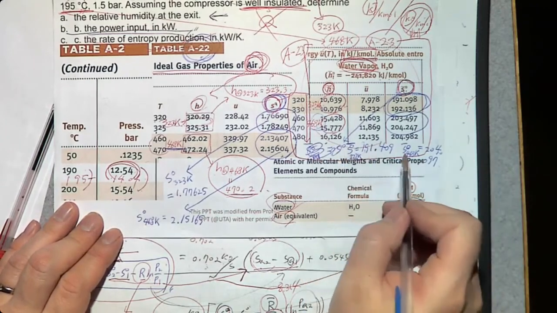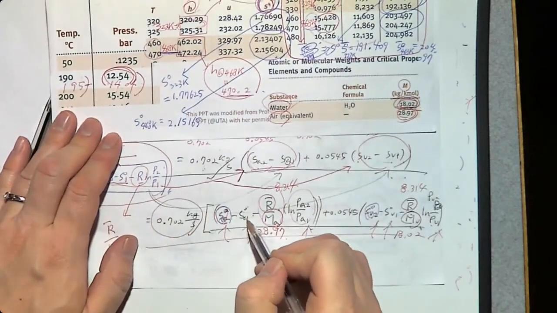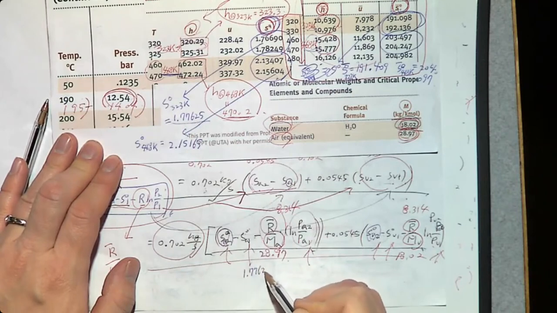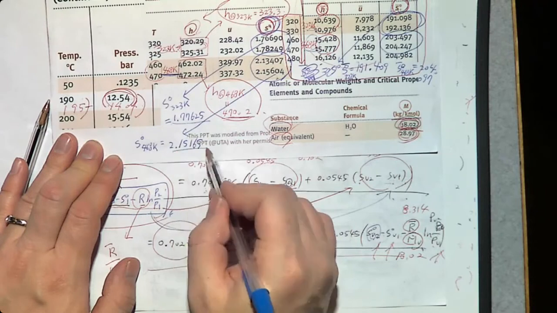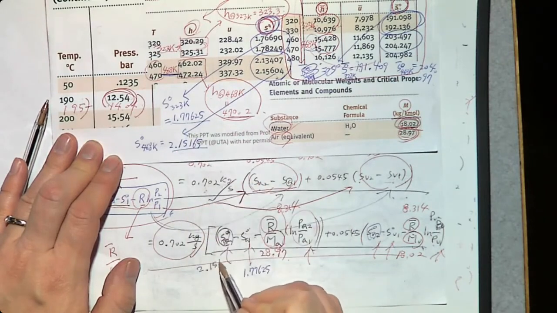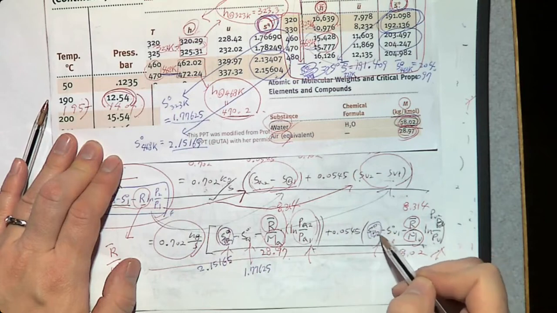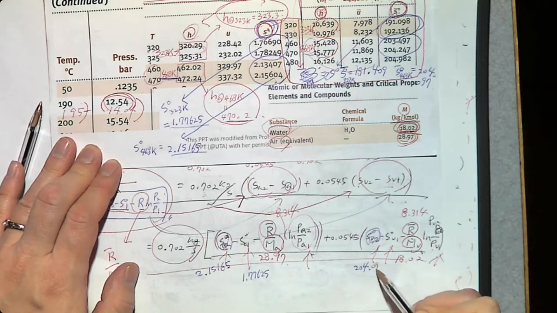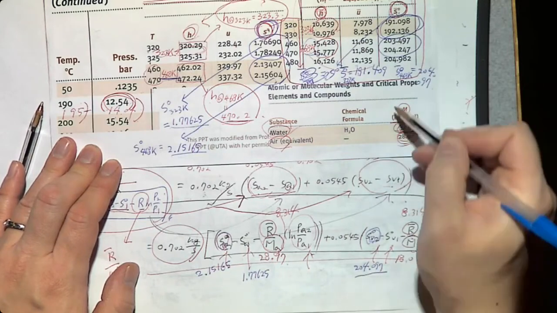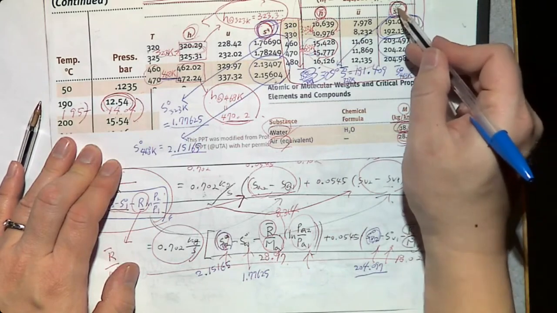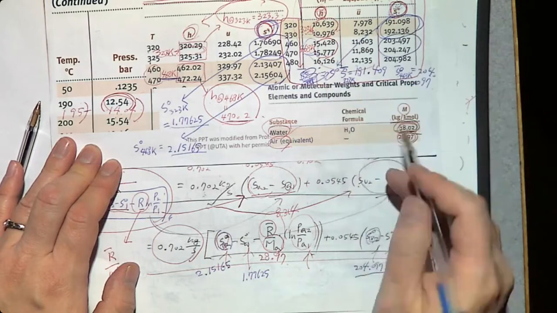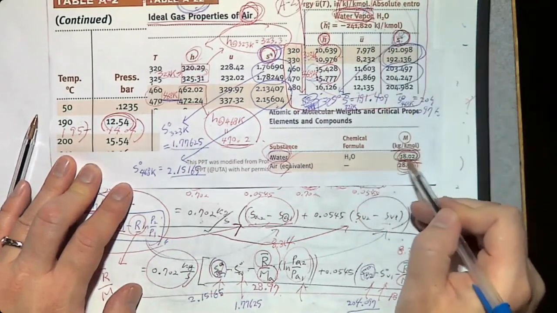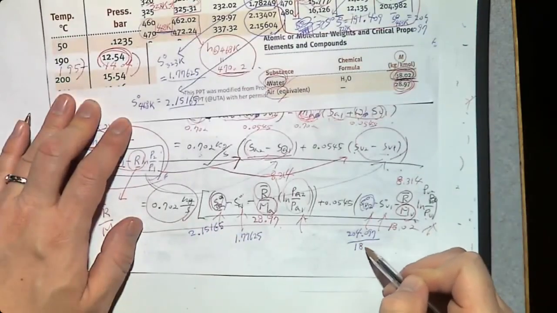So we can use these values in this equation: SA1 is this one, 1.77625; SA2 is this one, 2.15165; SV2 is this one, 204.097. However, this is S degree bar, so to remove the bar we need to divide by molecular weight. The molecular weight of water vapor is 18.02. So divide by 18.02.